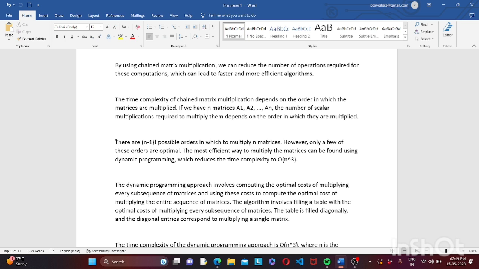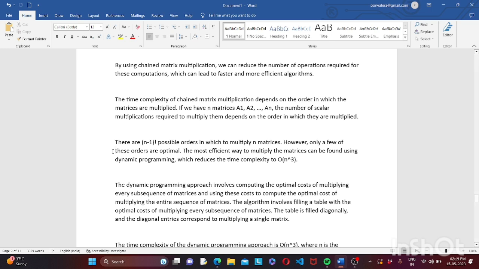The time complexity of chained matrix multiplication depends on the order in which the matrices are multiplied. If we have n matrices, A1, A2 to An, the number of scalar multiplications required to multiply them depends on the order in which they are multiplied. So there are (n minus 1) factorial possible orders in which to multiply n matrices.